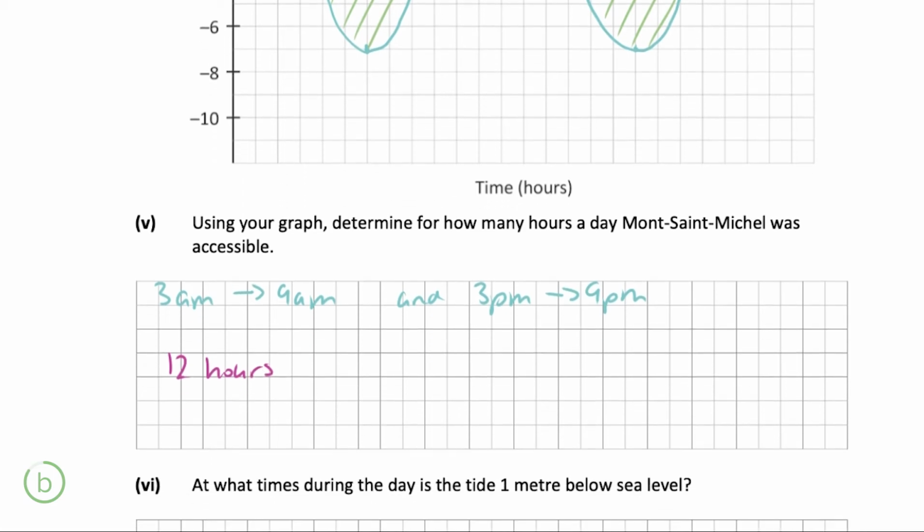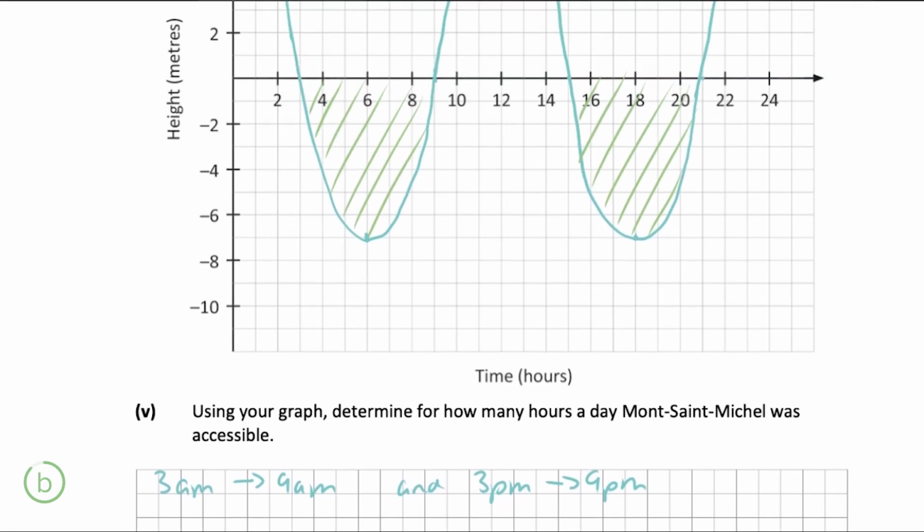Okay, and then part 6 says, at what times during the day is the tide 1 meter below sea level? So if you go back to the graph and draw a line here at -1, you can see we have some points here.